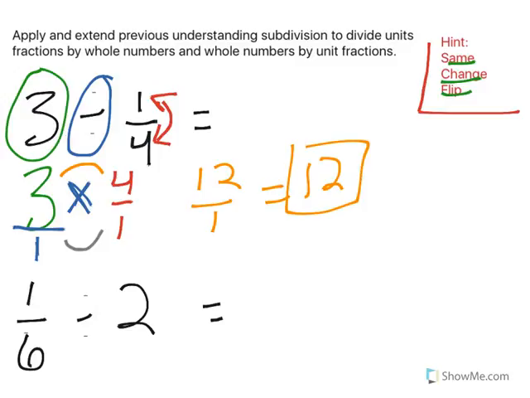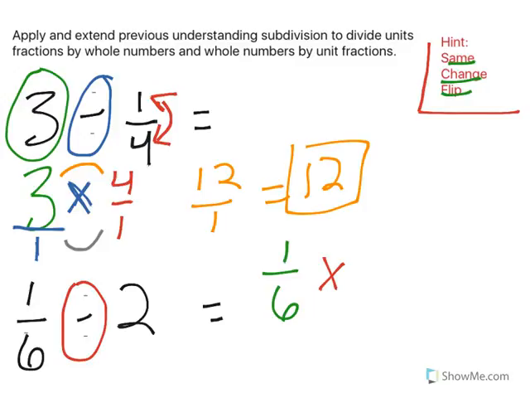Let's see how well we did on the second one. So let's rewrite our problem. I'm going to rewrite it over here in the right with some space. We keep it the same, so 1/6 stays the same. We want to change our division to multiplication. And then we want to flip our whole number. And now, oh no, it's not a fraction. Yes, it is.